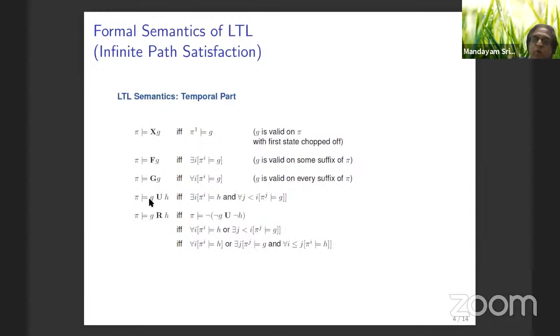That is, g has to hold until h becomes true. The release operator is the negation dual of U expressed this way. It is taken as a negation of this, and when it is simplified, you will get this. You should read that as g releases h.